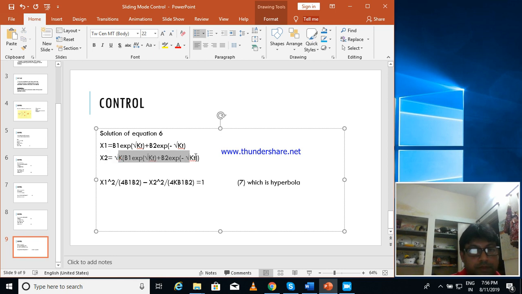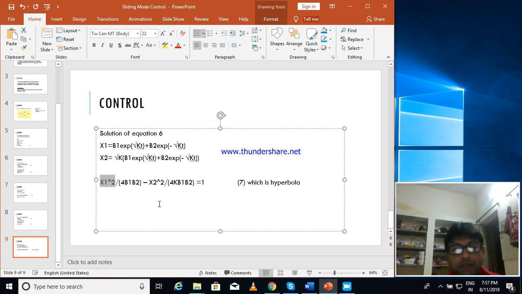Similarly here again, if you square both x1 and x2, and if you eliminate the exponential part, the equation will convert to x1 square by 4b1 b2 minus x2 square by 4k b1 b2 is equal to 1, which is a hyperbola.